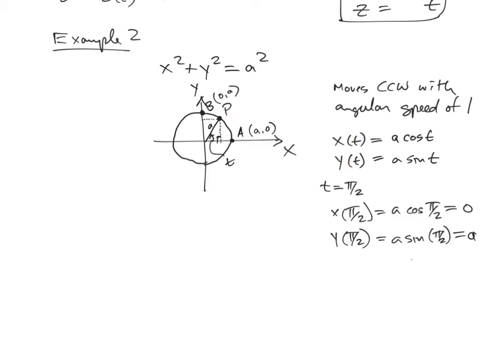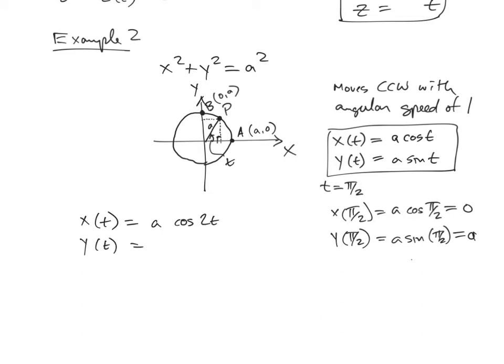Okay, so there we go. There's the parametric equation for a circle of radius a. Is that the only parametric equation that we can use for that circle? Well, absolutely not. I could also write this. Right?